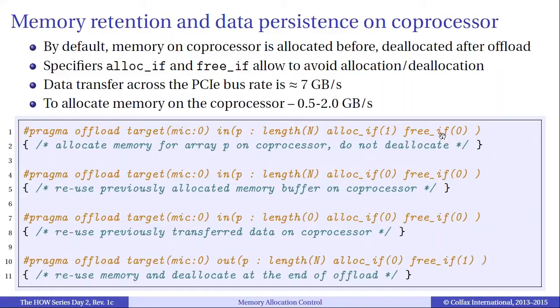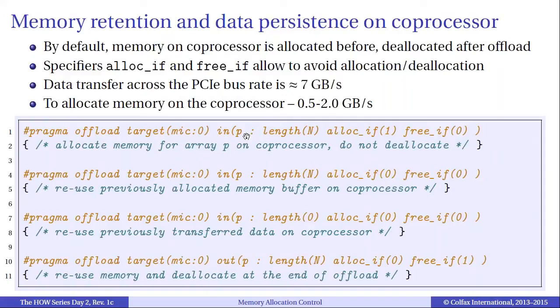Do I free this memory buffer or not? The syntax is maybe a little bit confusing, but it will only deallocate the buffer if the expression in the parentheses evaluates to 1 or to true. In this case, I have a 0, so it will not deallocate the memory buffer.